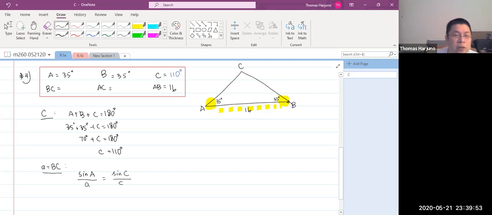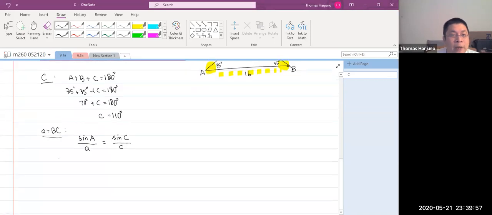When you apply law of sines, I want you to write the formula first, okay? And then sine 35 degrees over A equals sine 110 degrees over 16. Can you compute that for me? What's A?